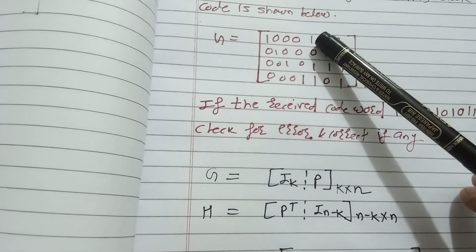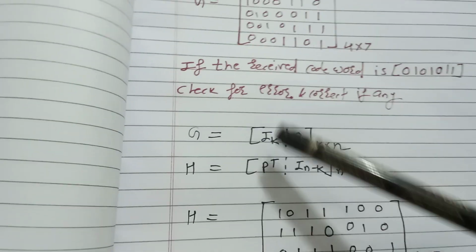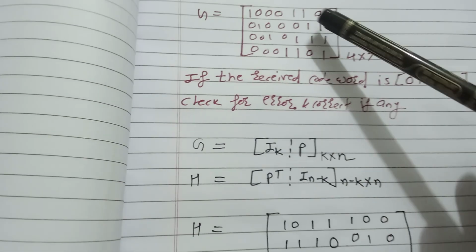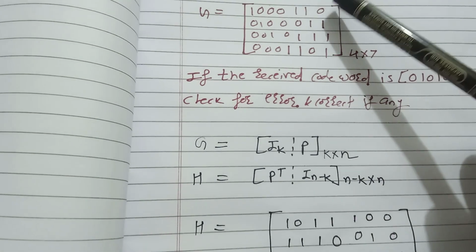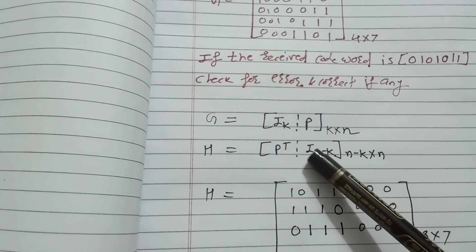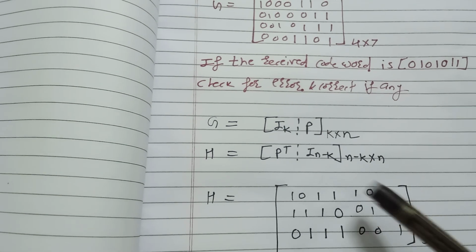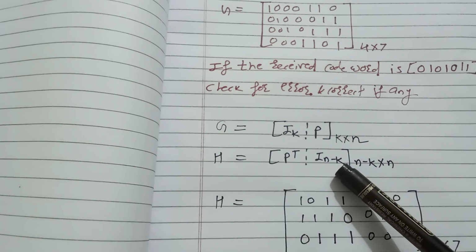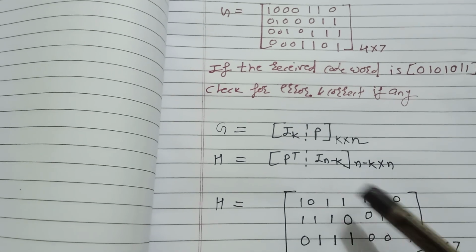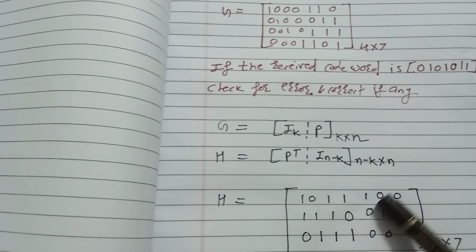So for P^T, you take this column as the first row, 1 0 1 1, this as the second row, 1 1 1 0, and this as the third row, 0 1 1 1. After that you have to append the identity matrix of dimension n minus k. N is 7 and k is 4, so that is 3 by 3.